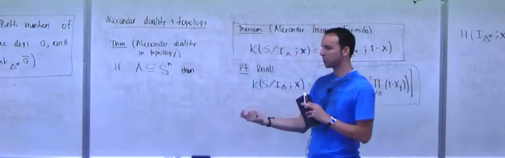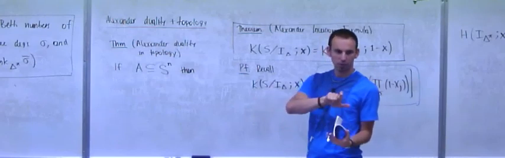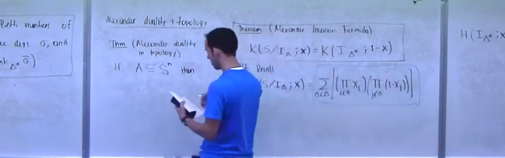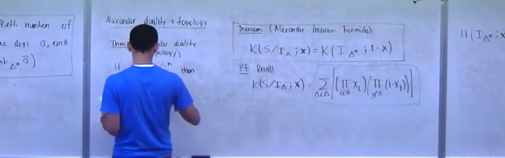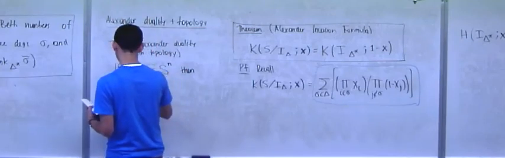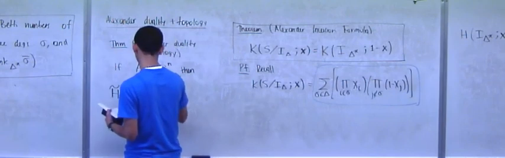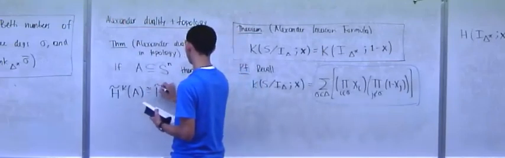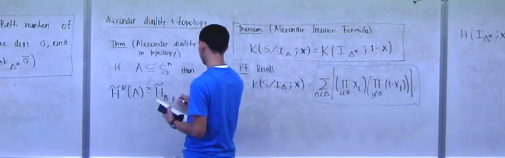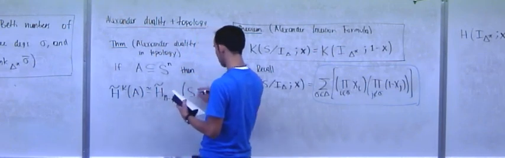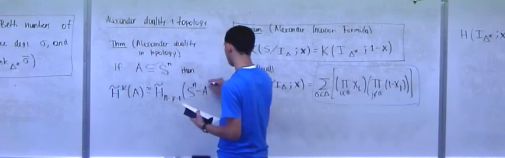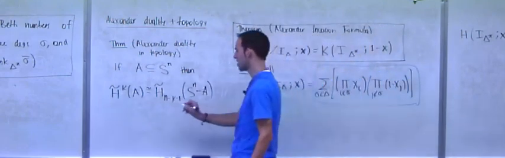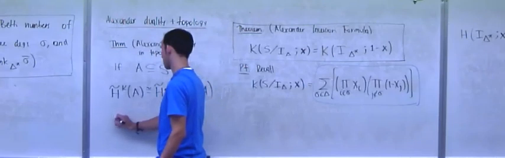the topology of A and the topology of the complement of A are very closely related, under mild hypothesis.